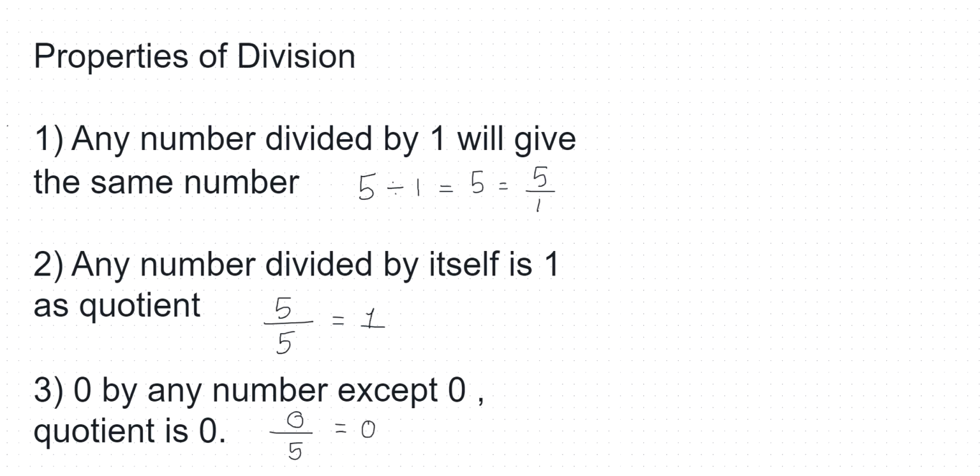Now, any number which is divided by 0 ends up being something called not defined, because it will keep on going. Say, for example, you have 5 chocolates and you have to give them to 0 people.